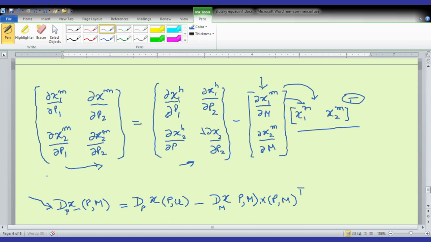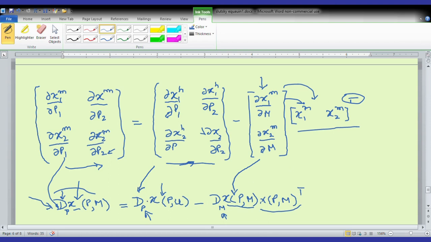So see that this is the matrix of derivatives of the Marshallian demand functions with respect to prices, so price of good 1, price of good 2, etc. Similarly, the first matrix on the right hand side is the matrix of derivatives of the Hicksian demand functions with respect to price, and this is the vector of derivatives of the Marshallian demand functions with respect to income, and this is in fact the transpose of the vector of the Marshallian demand functions.